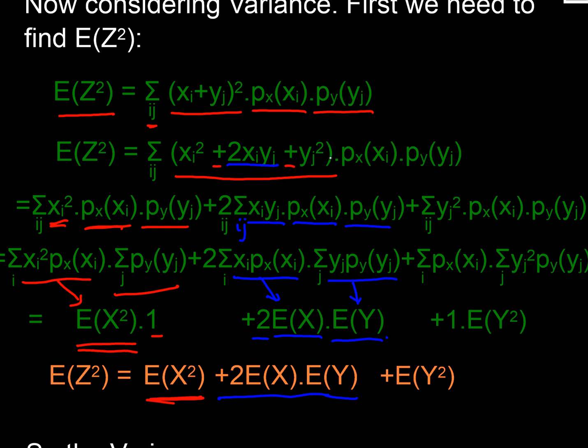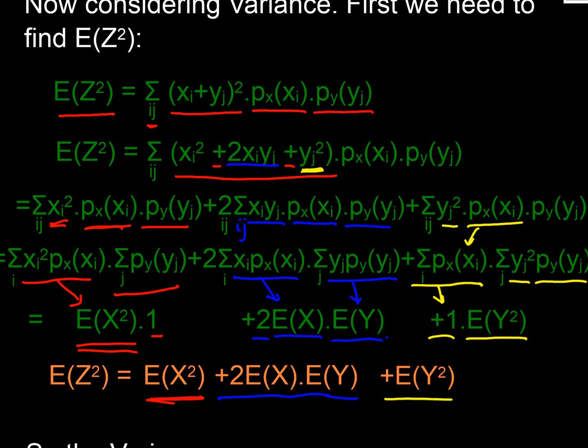And what happens with the final term, our yj squared? Well, that comes over here for our final term, and again we can split this up. We've got our element that's only dependent on xi, and then we're going to multiply it by our yj squared times the probability of yj, and we know that final bit is the expected value of y squared, and the first part is again the sum of all the probabilities of x, which is going to be 1.